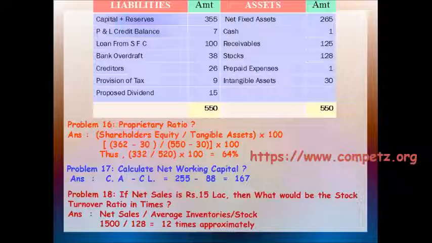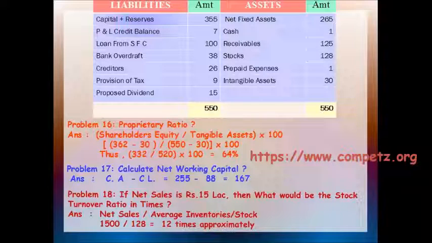They have a number of formulas to compute this. The first formula is cost of goods sold divided by average inventory. Cost of goods sold is sales minus gross profit plus gross loss. But if this is not given in the problem, you can take the other formula: opening stock plus purchases plus direct expenses, that is wages, freight, carriage, minus closing stock.